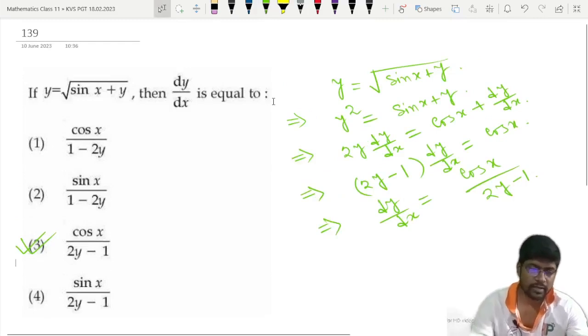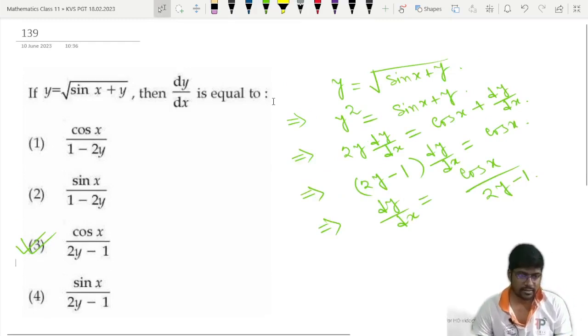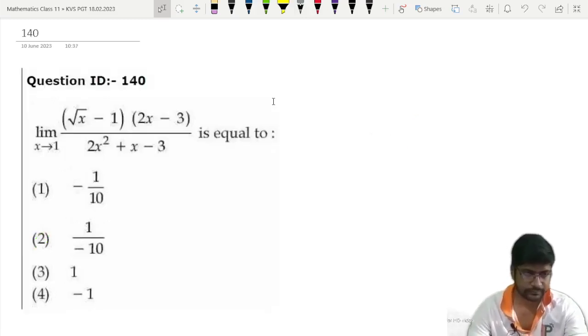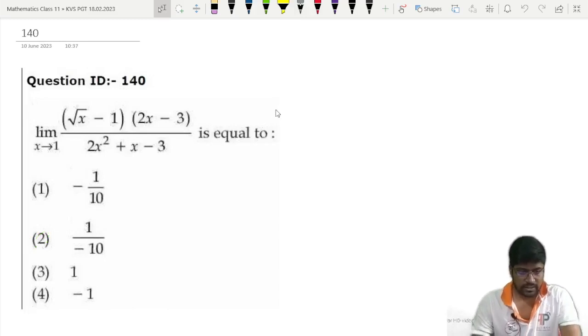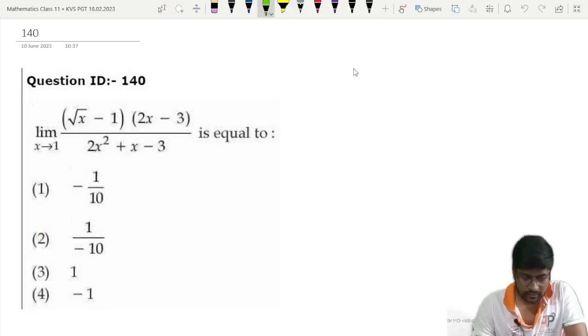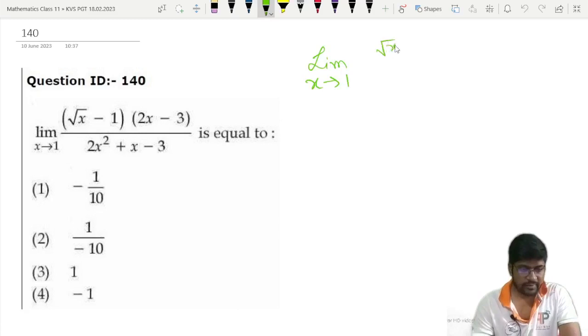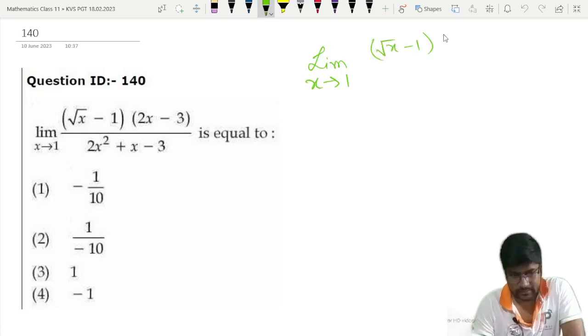Now come to the last question of today's session, question number 140. Now this is a problem from limit. So we have to find the value of this limit. Let us do limit x tends to 1, root x minus 1 into 2x minus 3 divided by 2x square plus x minus 3.